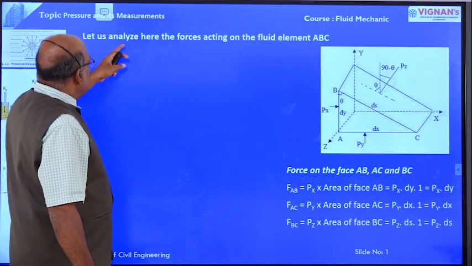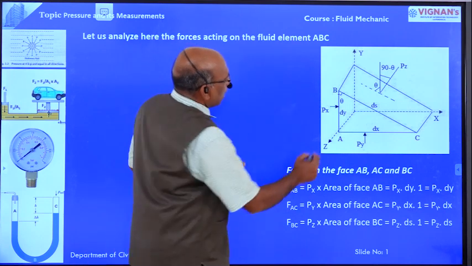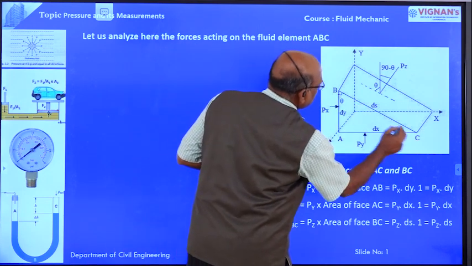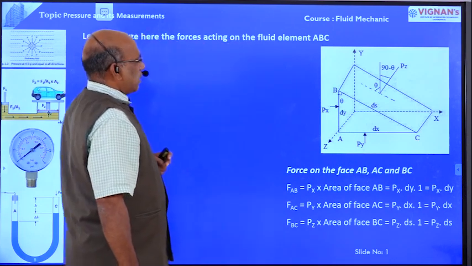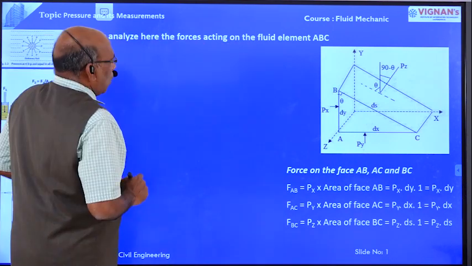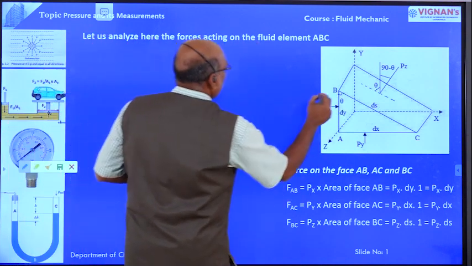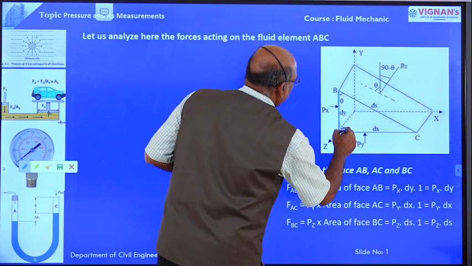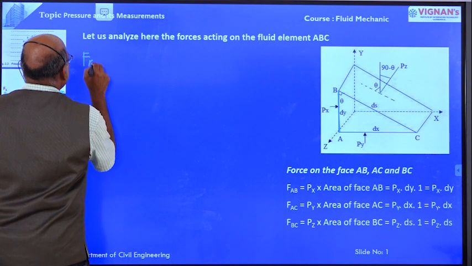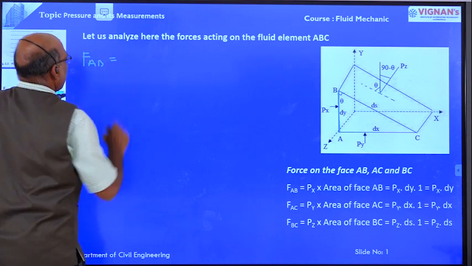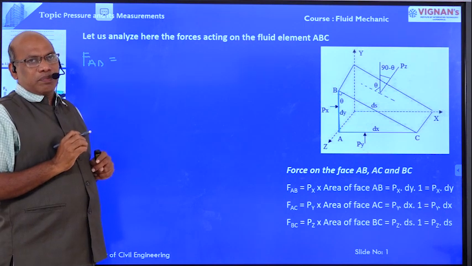Now let us analyze the forces acting on the fluid element ABC. Force acting on face AB is equal to stress into area.